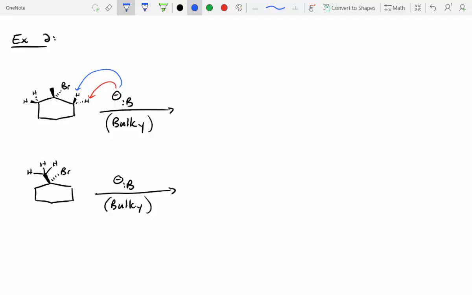They have to be on opposite sides. So let's correct that: we're going to grab this proton, clamp down, and kick off that bromine. Does it matter which side I take the proton from? No, because it would give you the exact same product. All right, let's draw the product that we get out now.